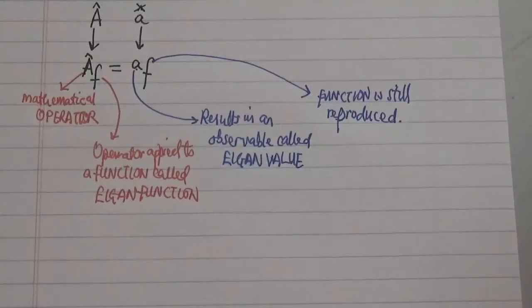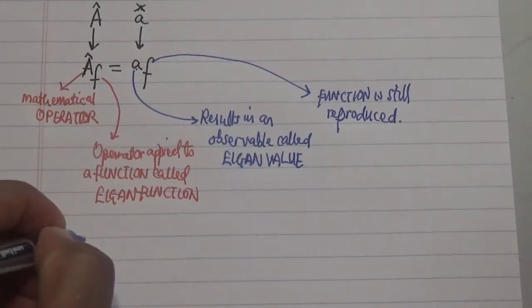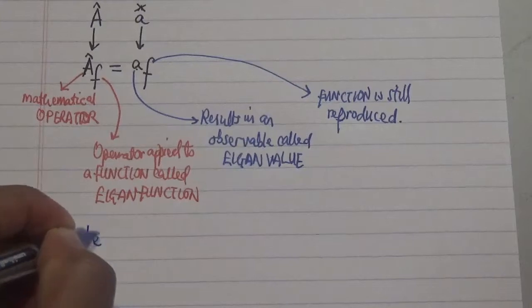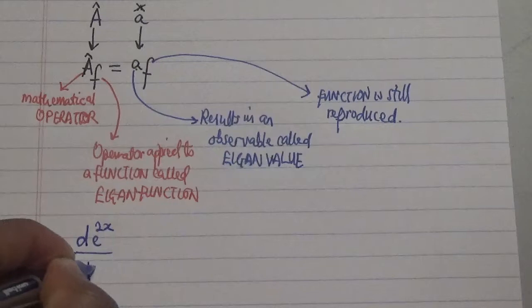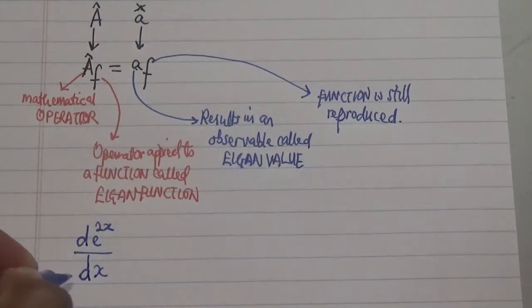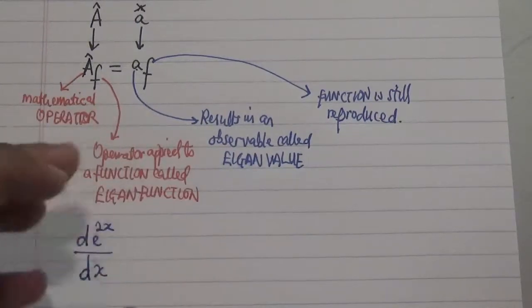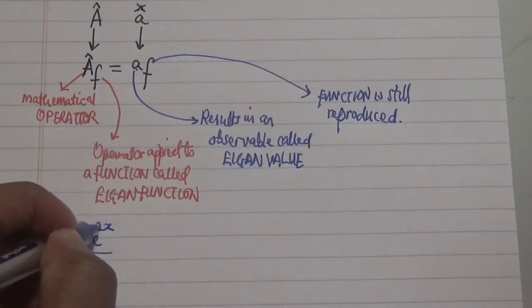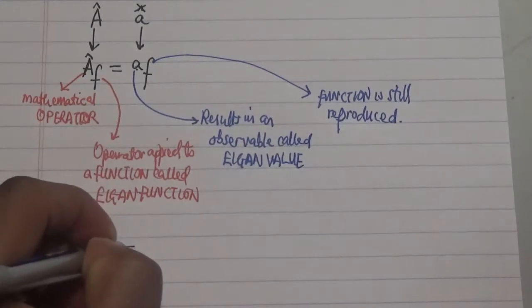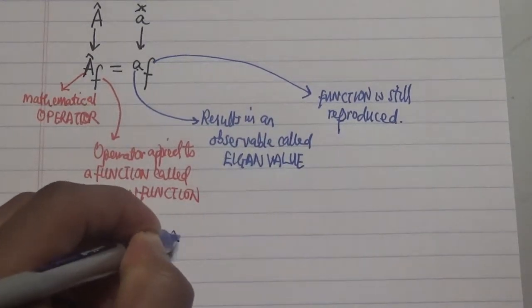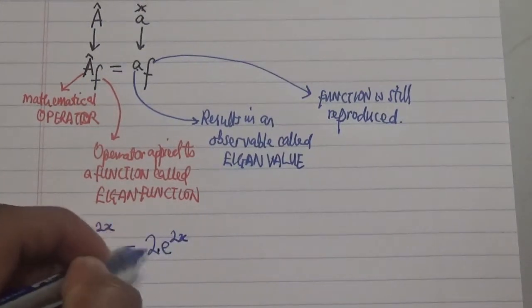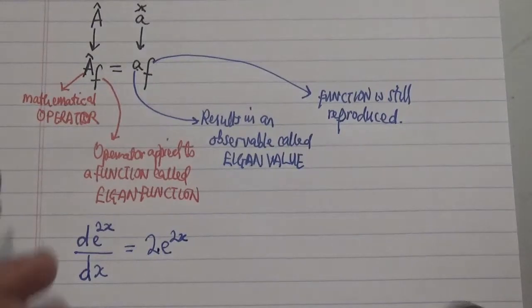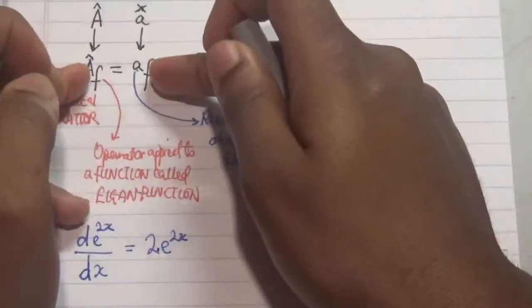An example of this is the formula d e to the 2x over dx, where we are looking at the x coordinate. The derivative of e to the 2x is equal to 2 e to the 2x, where we get this as a result, multiplied by our 2.